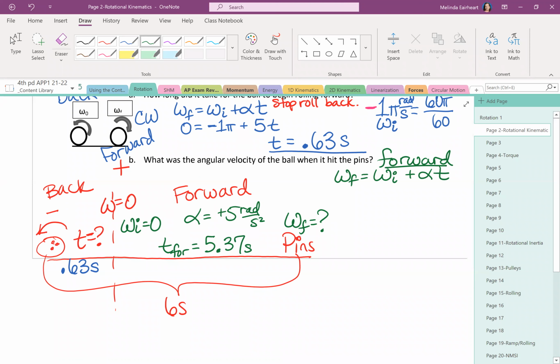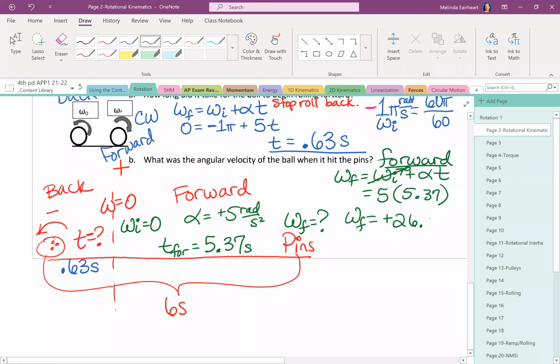So for the forward direction, omega I zeroes out. Alpha is 5, time is 5.37. So a little over 25. What do we get? It comes out a positive 26 point what? Okay. 0.9, maybe just 27 radians per second. I don't mind rounding the 0.9s, right?